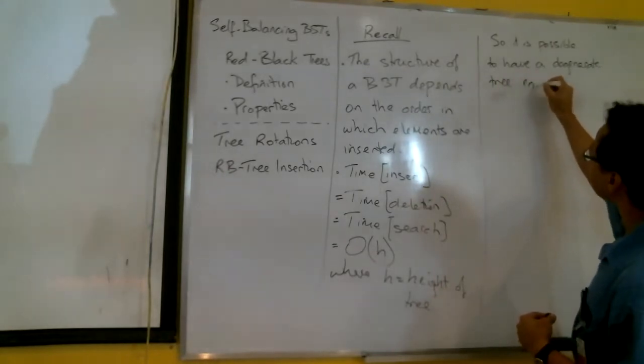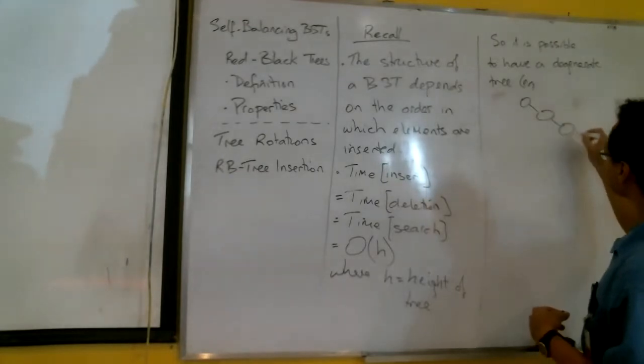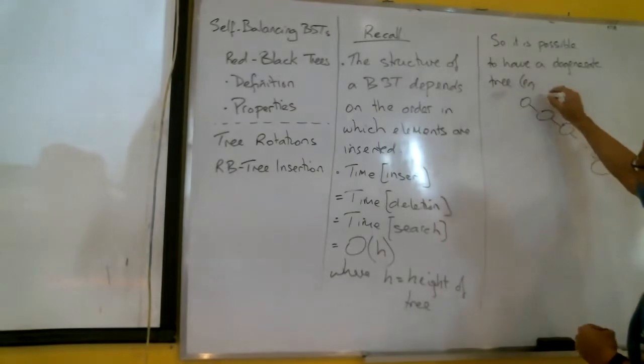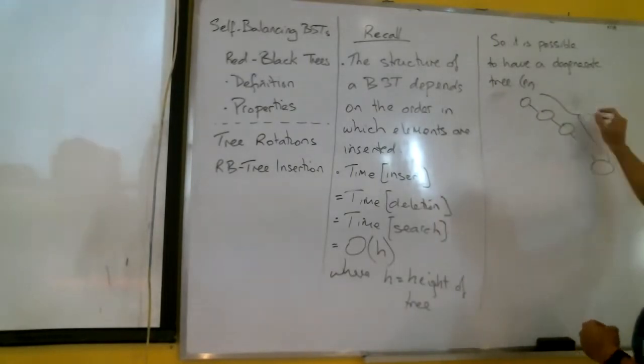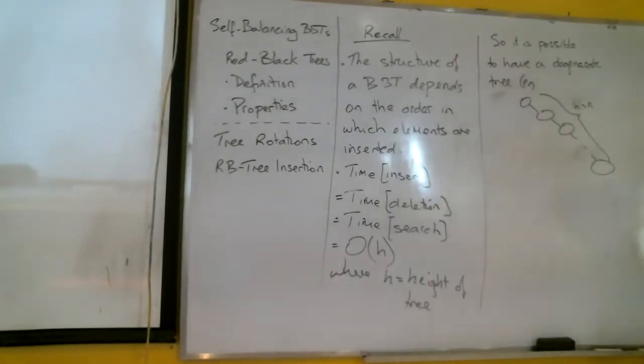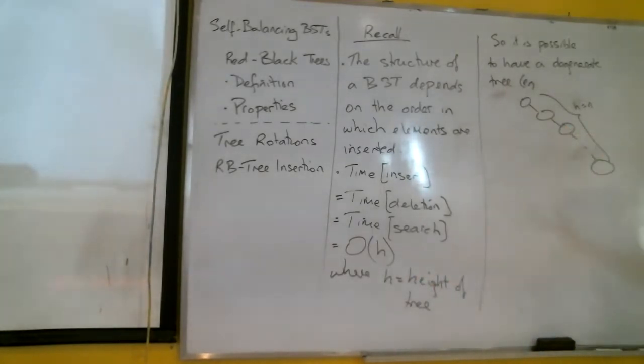For example, a tree that looks like this. Basically in that case, our height is actually all the nodes, it's n nodes. In that case, the performance, because it's order H, is essentially order n. And that's no better than a linked list.